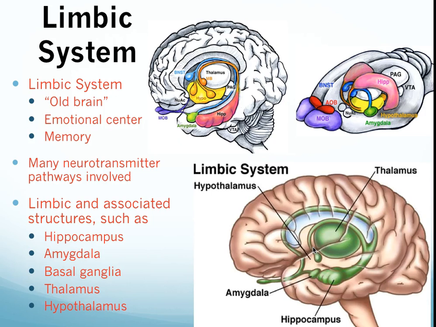Now, the nucleus accumbens is right in that striatal region, the striatum. So that's really a basal ganglia structure. And we didn't talk about that before because we didn't really know what it was yet. But the nucleus accumbens and that motor loop of the nigrostriatal dopamine system, those neurons project to basal ganglia structures. So take-home message, limbic system is super important.